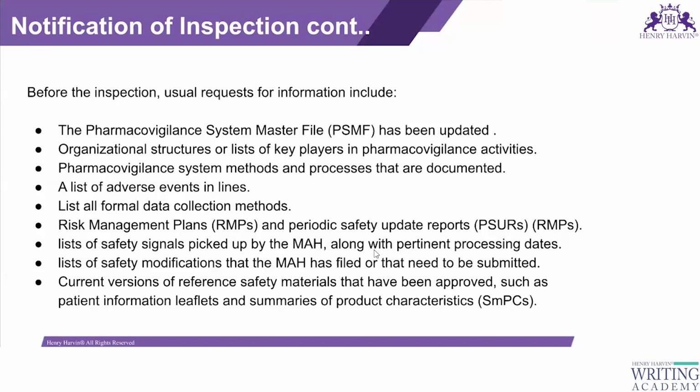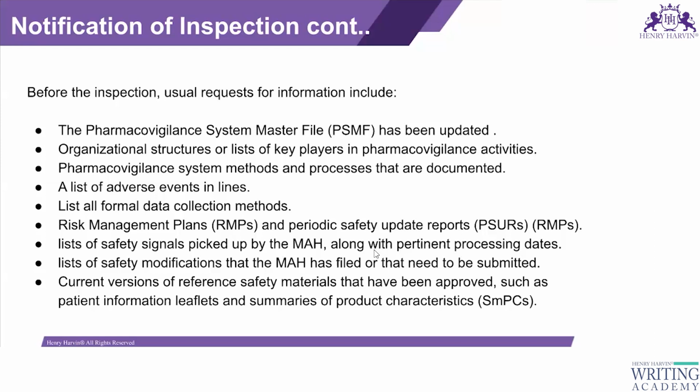A list of adverse events in line: line by line, for every product manufactured by the company, what adverse events have been reported to date. That information is given. Then a list of all formal collection methods: how the knowledge about the adverse effects was collected, and what information was collected related to the adverse event.